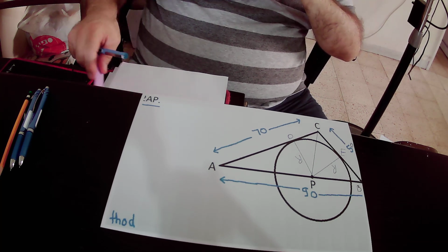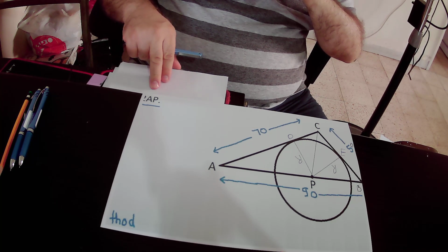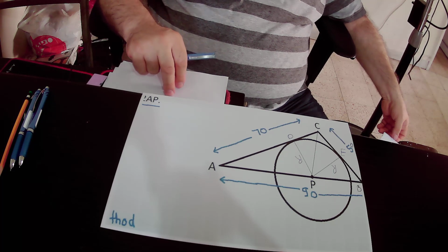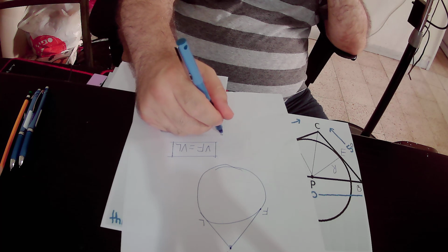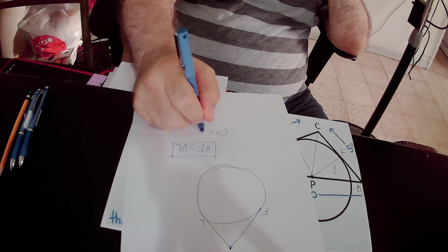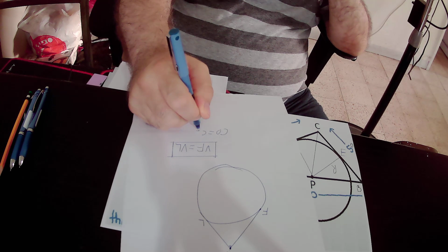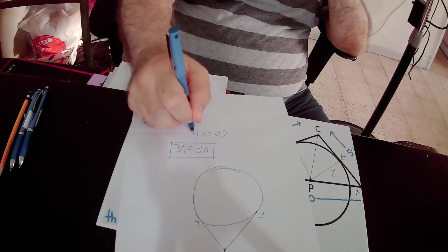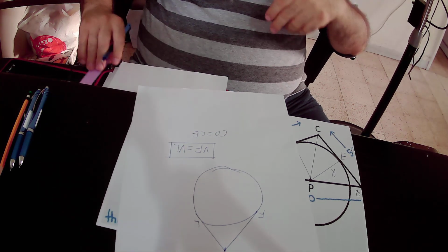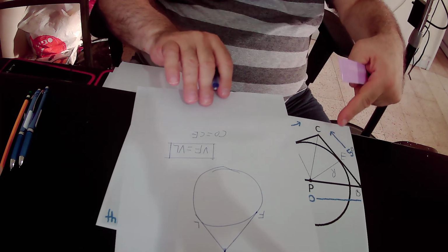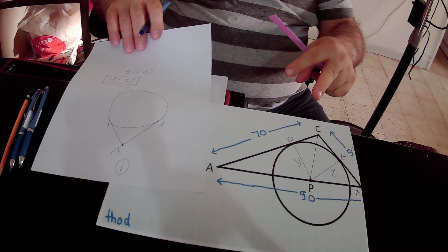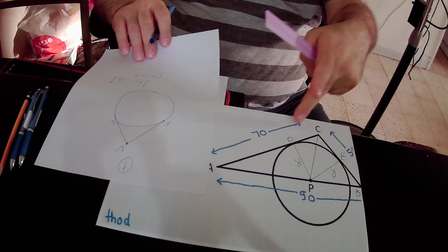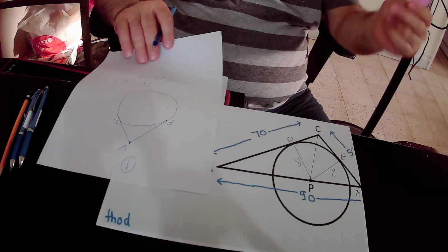So according to the rule that I mentioned, CO equals CE, because from an external point of this circle, that is to say point C, we have two tangents to this circle, tangent CO and tangent CE.